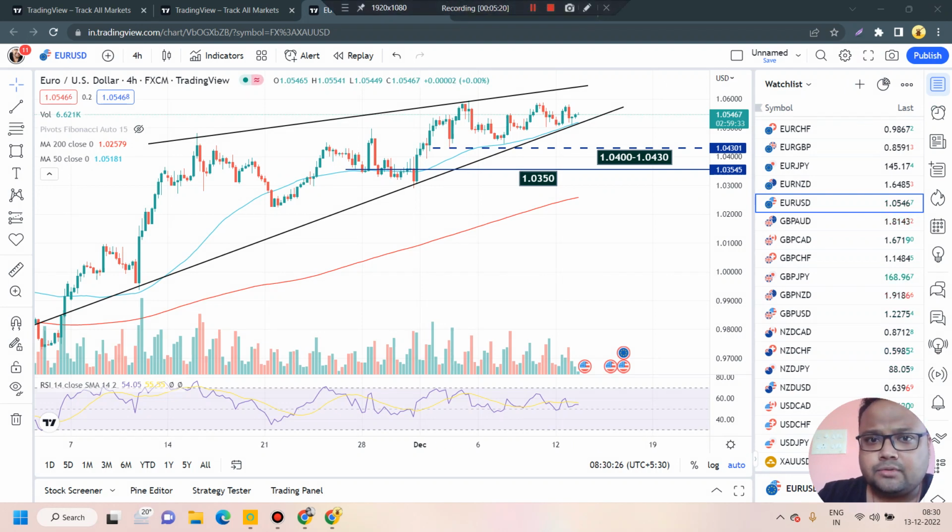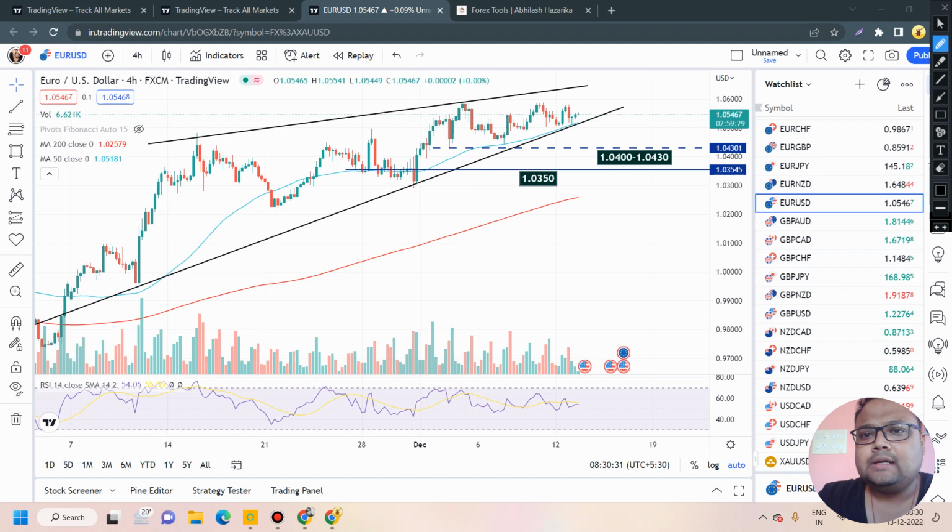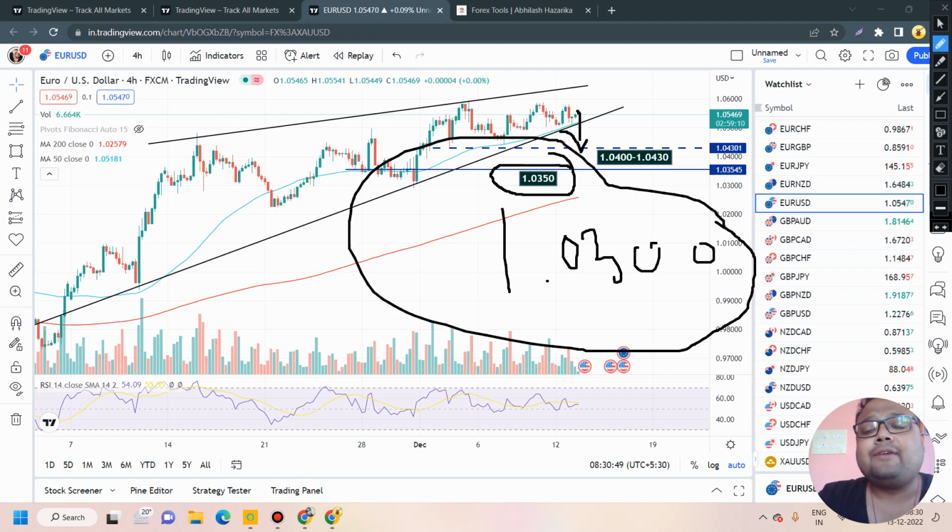And after the news, in case the market starts falling, let's consider that the market starts forming small candles here, 2 3 red candles, and if we see a big boom towards the downside, then you can expect 1.0350 to 1.0300 to act as support after the news.